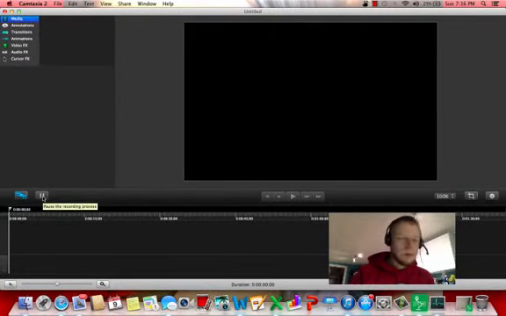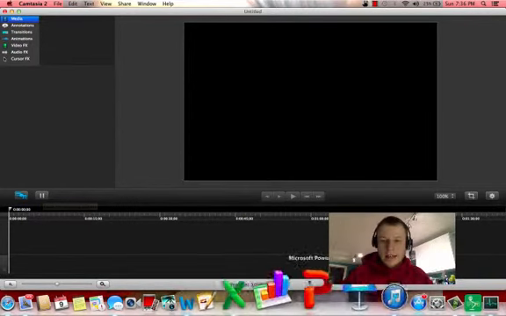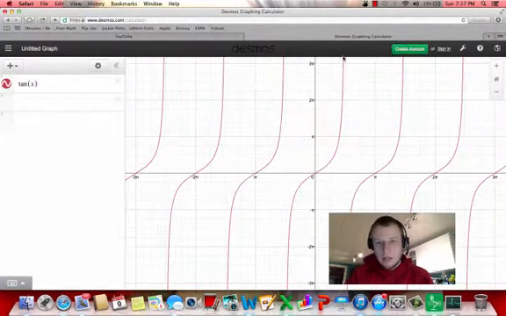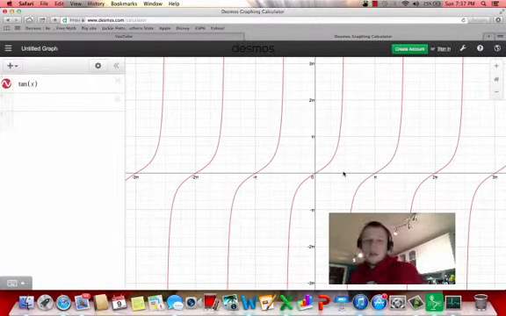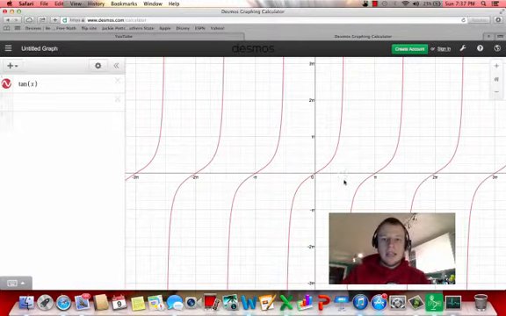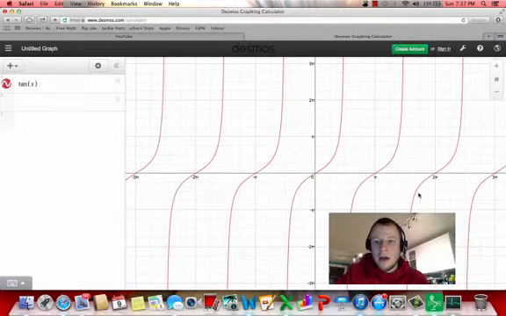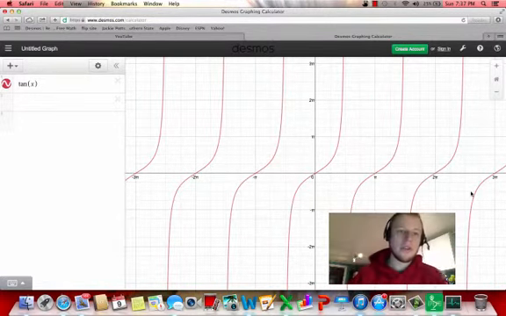If you remember, that is called the asymptote. If this is pi, this is 0, this is pi over 2. So when you're graphing tangent, it has asymptotes at pi over 2, 3 pi over 2, 5 pi over 2, and so on.